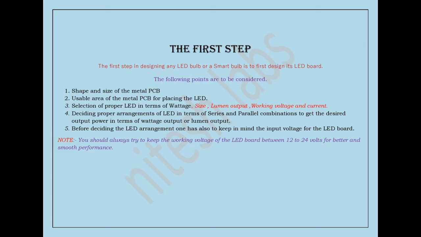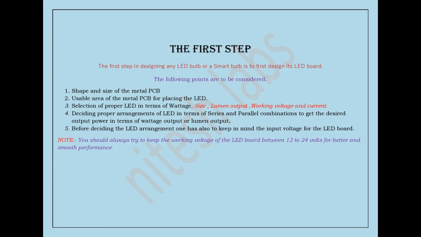The first step in designing any LED bulb or a smart bulb is to first design its LED board. The following points are to be considered before designing any LED board. First, shape and size of the metal PCB, because it depends upon the structure which you are about to use. Second, the usable area of the metal PCB for placing the LED.